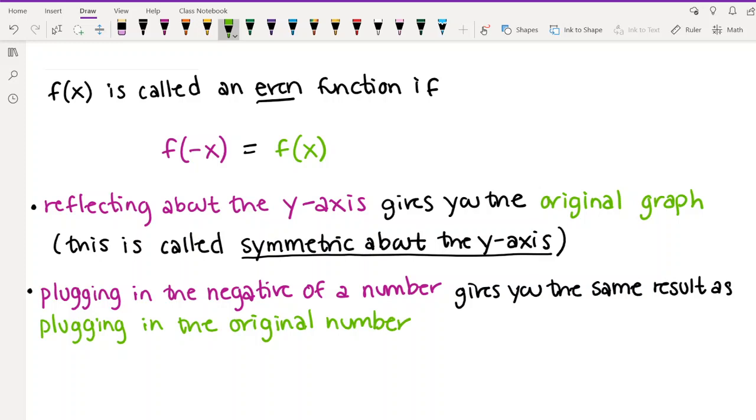Again, this color coding suggests different ways to understand this statement. We can think of it as a statement about transformations, but also as a statement about plugging in numbers. So f of -2 is the same as f of 2, or f of 1 is the same as f of -1. Any number x that you pick, you get the same result whether you plug in a positive or negative.